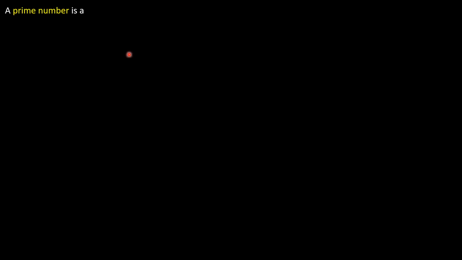A prime number is a natural number which has no other factors other than itself and 1. So therefore, the smallest prime number should begin with 2.